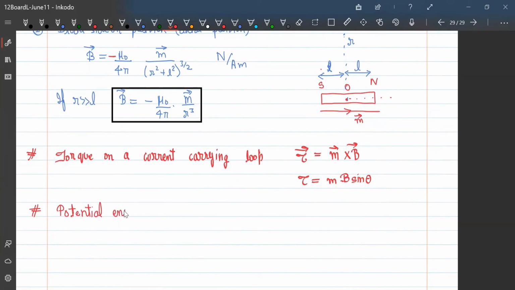So potential energy of a magnet. What is a magnet? A magnet is a magnetic dipole. We calculate the potential energy of a magnetic dipole in a uniform magnetic field.